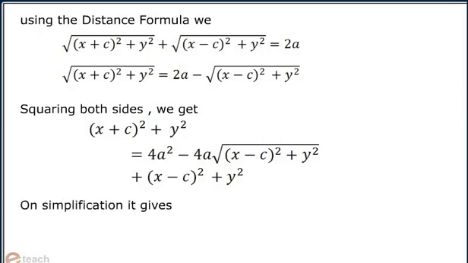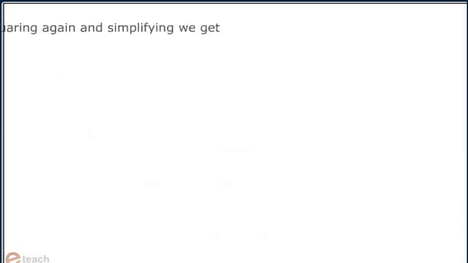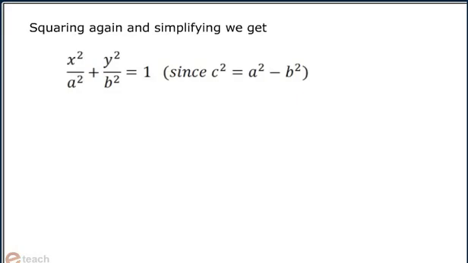On simplification, it gives √((x − c)² + y²) = a − (c/a)x. Squaring again and simplifying, we get x²/a² + y²/b² = 1, since c² = a² − b².